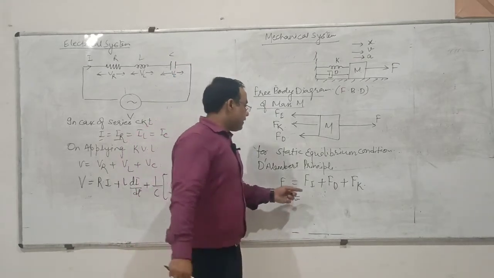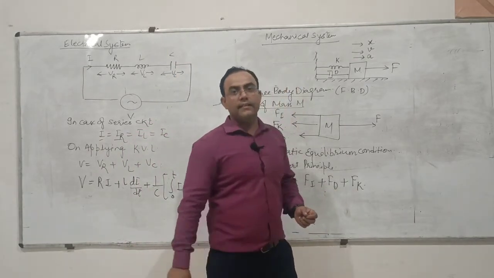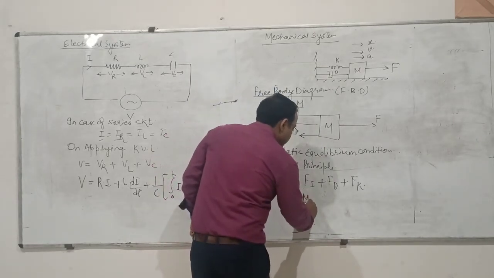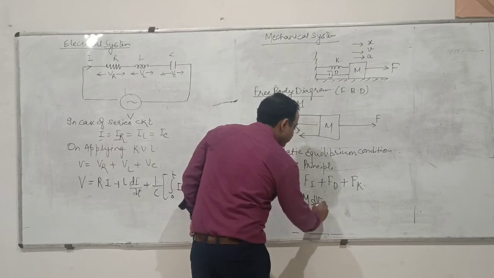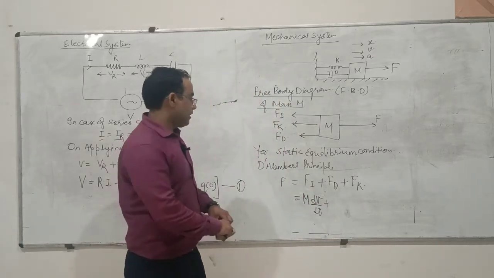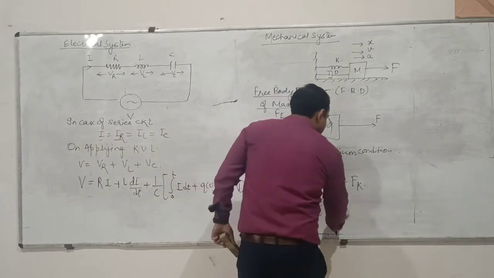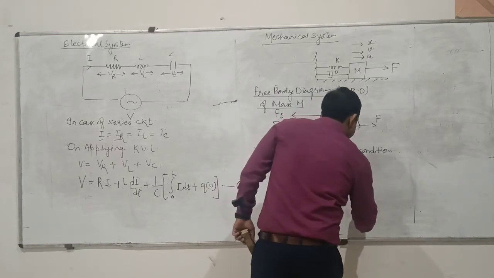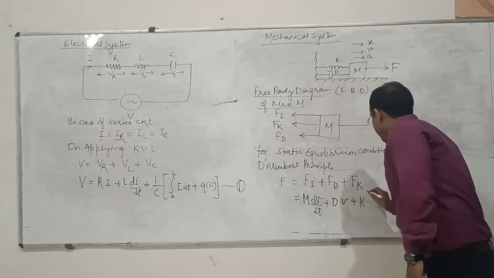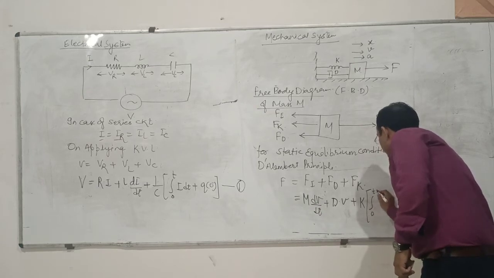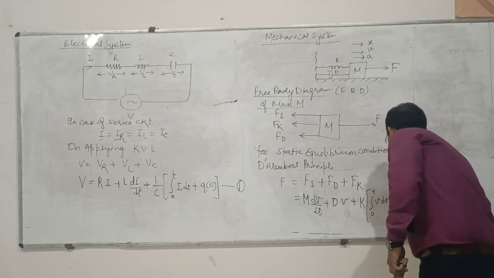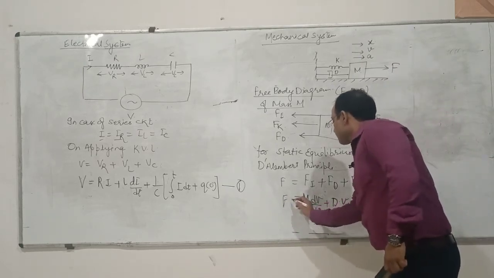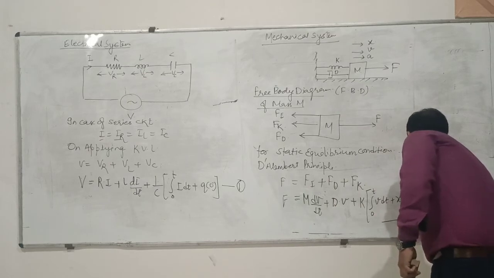Or here we can write all the three forces in terms of velocity. So Fi can be written as M into dv upon dt, plus Fd can be written as B into v, plus Fk can be written as K integration from 0 to t of v dt plus x0, and it is the equation number 2.